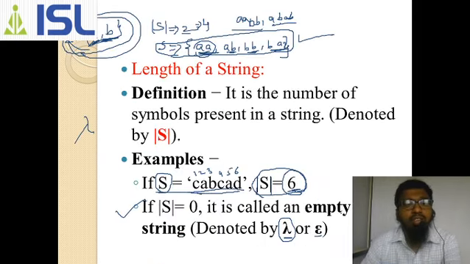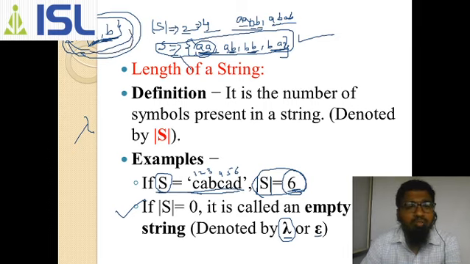Next, length of the string. In every string we will have a length. If you are told to make a string of length 2, you can make ab, bb, ba. If you are told to make a string of length 4, you can make abab, abbb and so on.